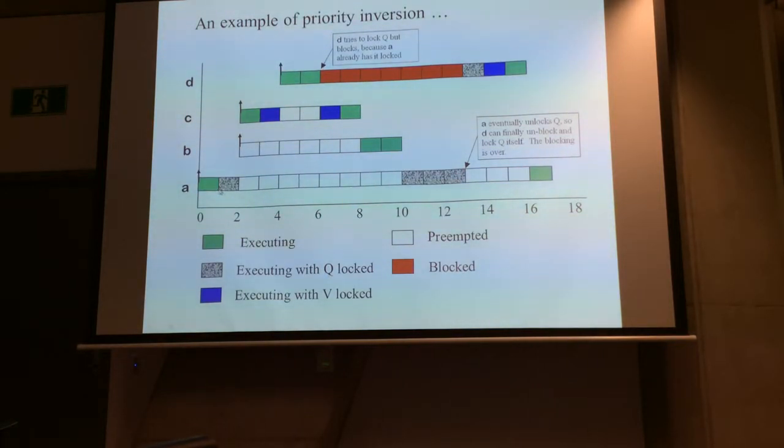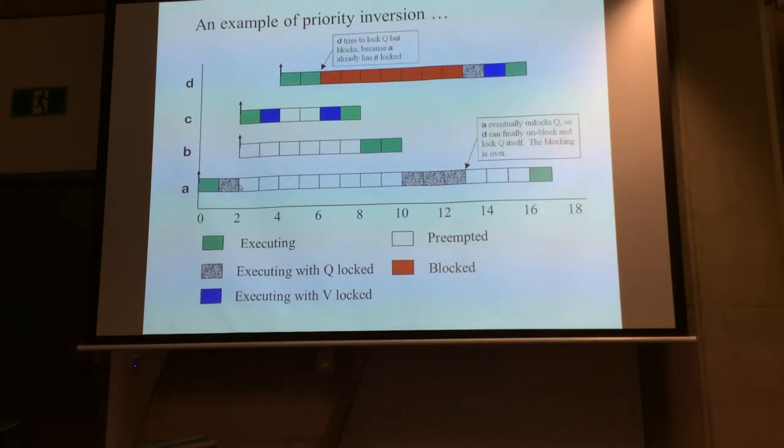And so it's busy crunching away using Q, and then at time t equals 2, the triggering events for two higher priority tasks occur, C and B. So A gets preempted. C and B both want to start running at the same time, but C is higher priority than B, so C starts running. At time t equals 3, C locks a different resource.